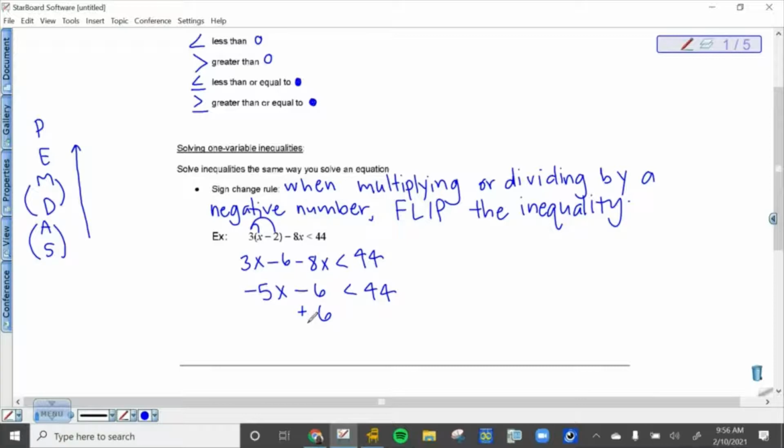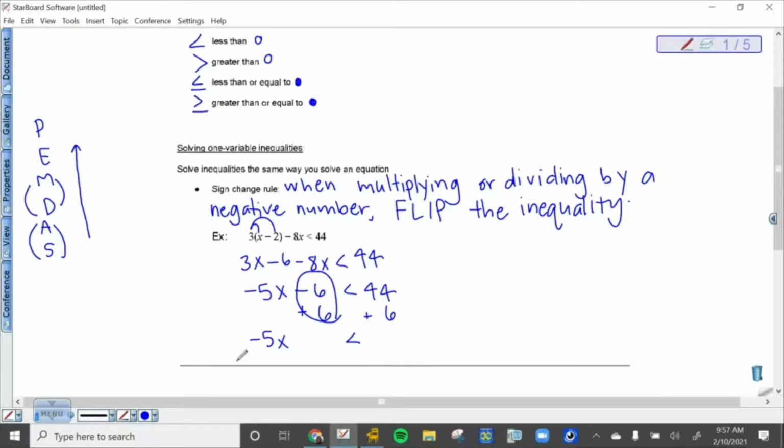And if I add 6 to this side, we have to add 6 to the other side. So now I'm left with negative 5x. And then these guys cancel out. And I just pull my inequality right down, just like that.